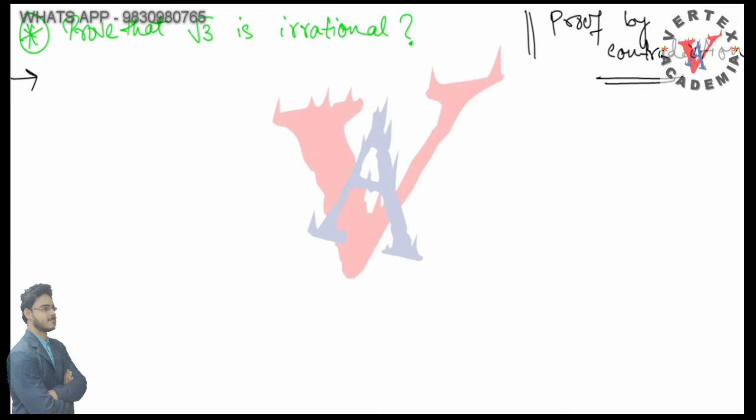Then obviously our assumption was incorrect and root 3 is irrational. This is called proof by contradiction. We have to contradict something and just tell that our assumption was incorrect and we have to proceed accordingly.